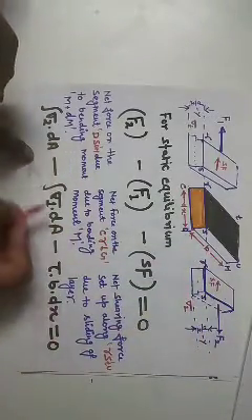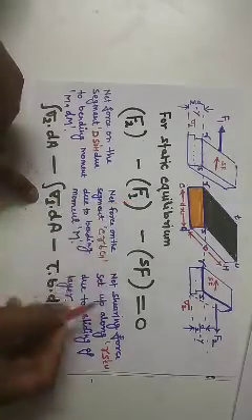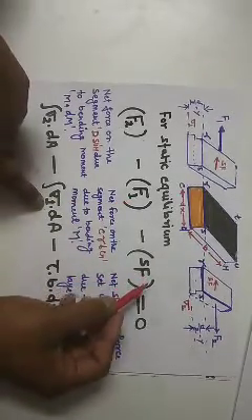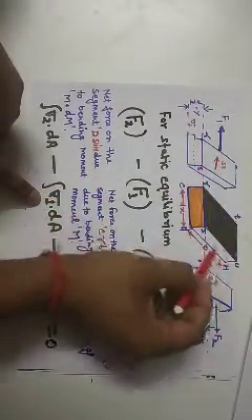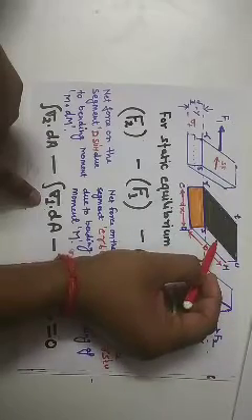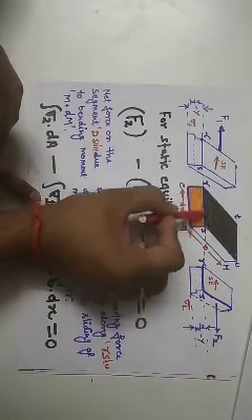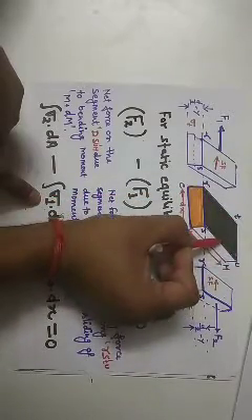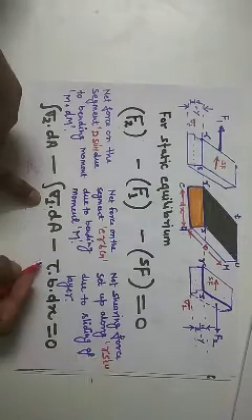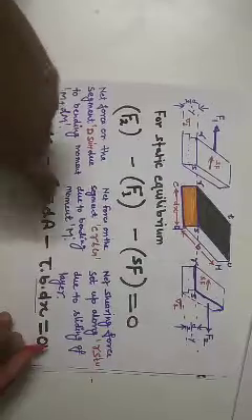Clear? So sigma 1 into dA will be for F1, and for the shear force, it will be the shear stress acting along the surface RSTU. The width of the surface is B and the length is dx, so the surface area will be B into dx. The shear stress developed is tau, and the surface area for RSTU is B into dx. So tau into dA, where dA is equal to B dx, equal to 0.